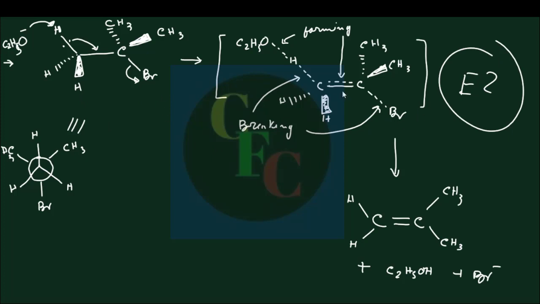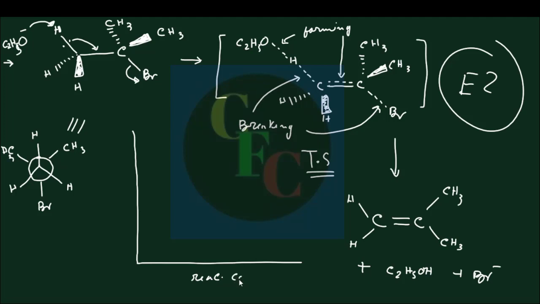It is a one-step mechanism, same as our SN2 mechanism, because there is only one transition state and no intermediate is formed. In the transition state, both bond formation and bond breaking are taking place, and similarly the free energy diagram will also resemble that of SN2.